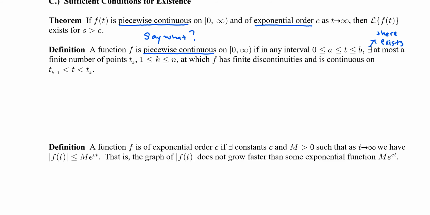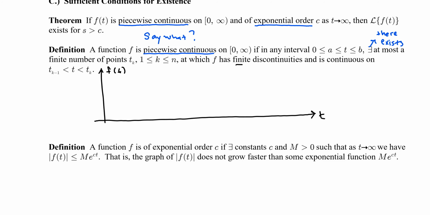Well, I'm going to explain that very simply with a picture. The picture will be a little less technical. So let's look at a graph of some function f of t that has finite discontinuities. That can be a hole, that can be a jump, but it cannot be an infinite discontinuity. An infinite discontinuity is an asymptote.